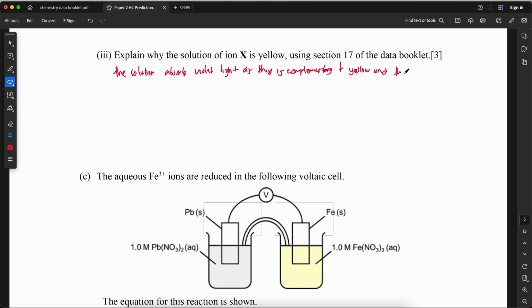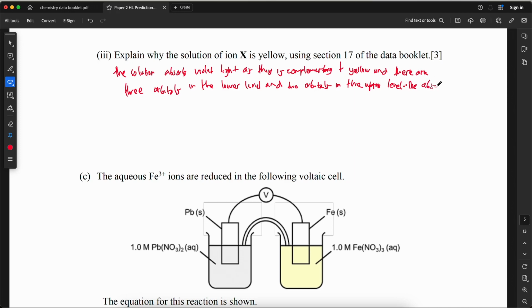And there are 3 orbitals in the lower level and 2 orbitals in the upper level.